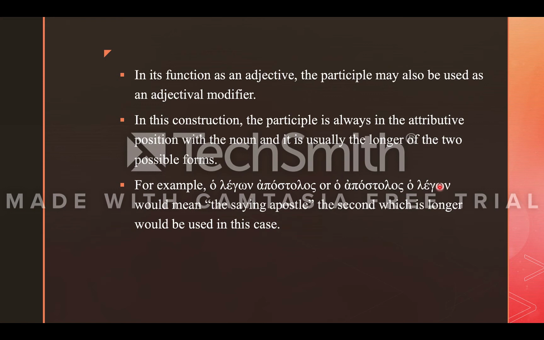Remember, in the attributive position, your substantive, your noun, or the adjective will always carry the definite article. So that's why here, legon carries a definite article, and here, legon also has the definite article. But in the adjectival construction, you will use the longer one, which is o apostolos o legon.